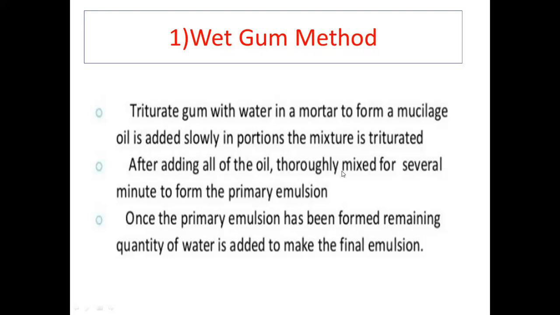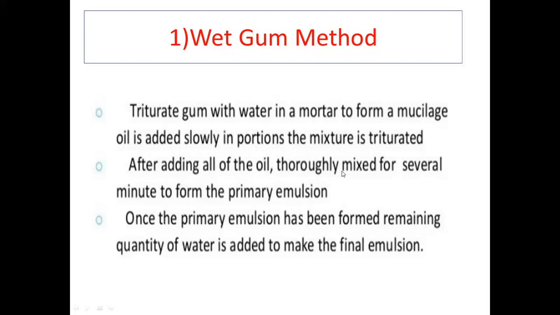If we want to make 30 ml, or if our preparation is 20 ml, then after adding the oil and mixing properly, to adjust the final volume add more water with continuous trituration, and at the last transfer this emulsion into the bottle, then cork it, label it and dispense. This is about the wet gum method.